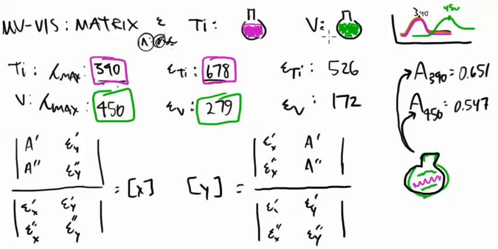And it's up to me to figure out how much of it is contributing to titanium and how much to vanadium. And that's the whole point of your chromium manganese lab, and that's the whole point of this problem. So in order to do that, we have two unknowns and two concentrations to solve for. We need to use a matrix, and this is the matrix setup down here at the bottom.